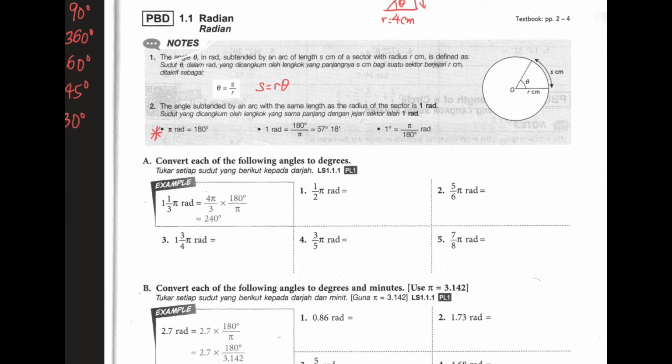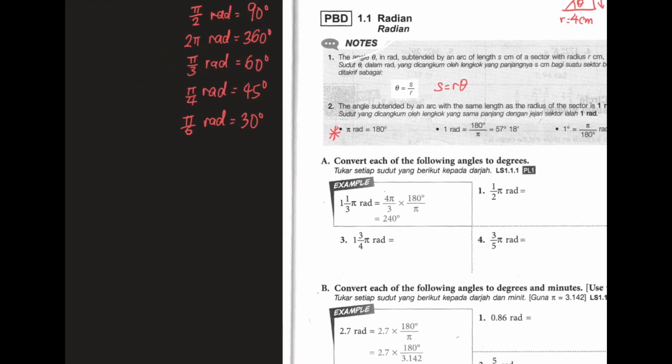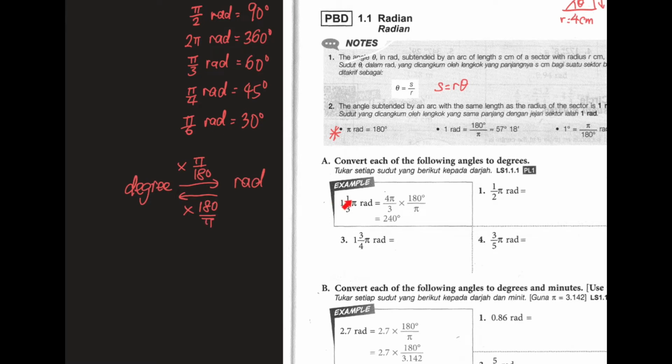That is actually a formula. The formula is going to be like this. If you have degree, you want to change it to radian, then you times pi over 180. If you want to change from radian to degree, then you times 180 over pi. So for example, you can see here, they give us angle in radian.